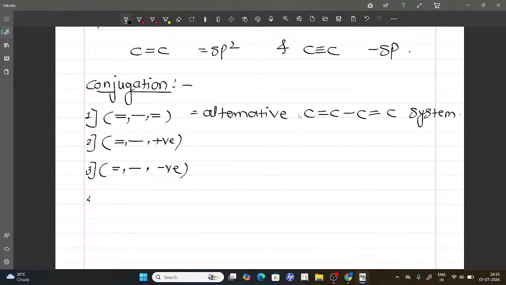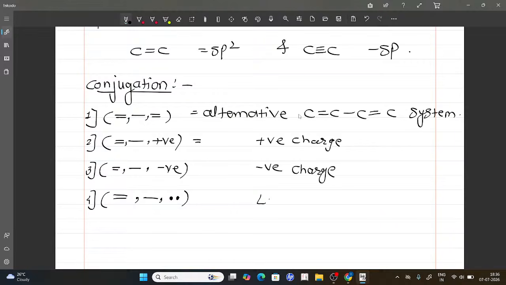Next, if it has a lone pair of electrons along with the alternate double bond single bonded system, then it is also conjugated.